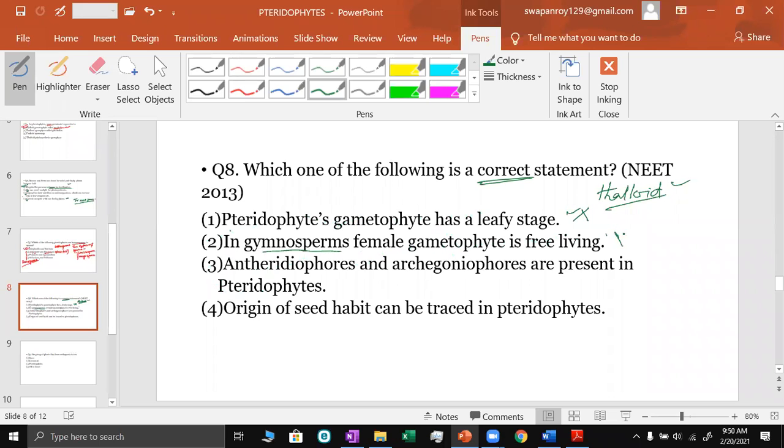This is wrong. In gymnosperm and angiosperm, the gametophyte has no independent life. So this is wrong.